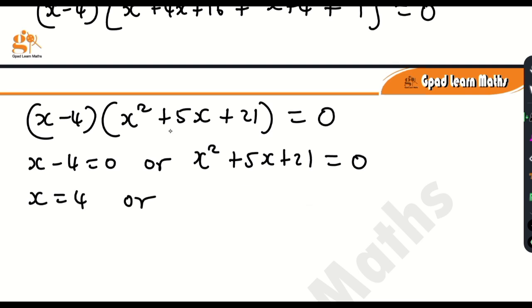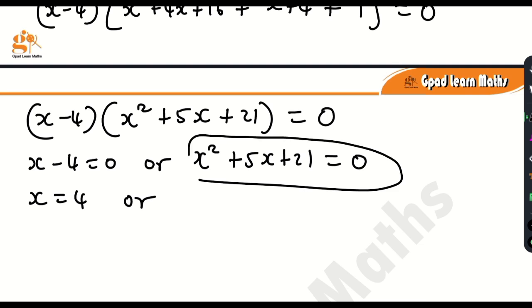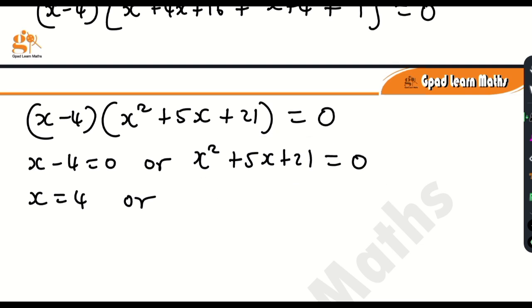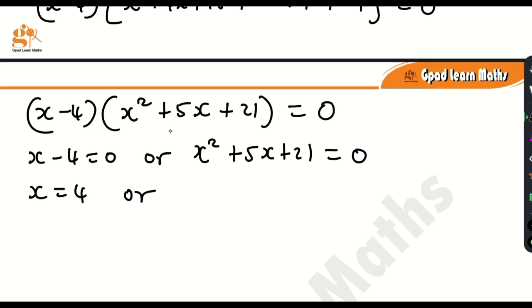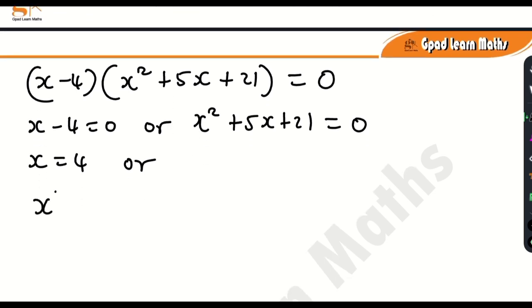But before we even go ahead to solve this equation, we need to test if the roots are real or imaginary. So if they are not real roots, there's no point moving further, because we cannot even use a complex root. Now, I want us to rewrite the equation x squared plus 5x plus 21.